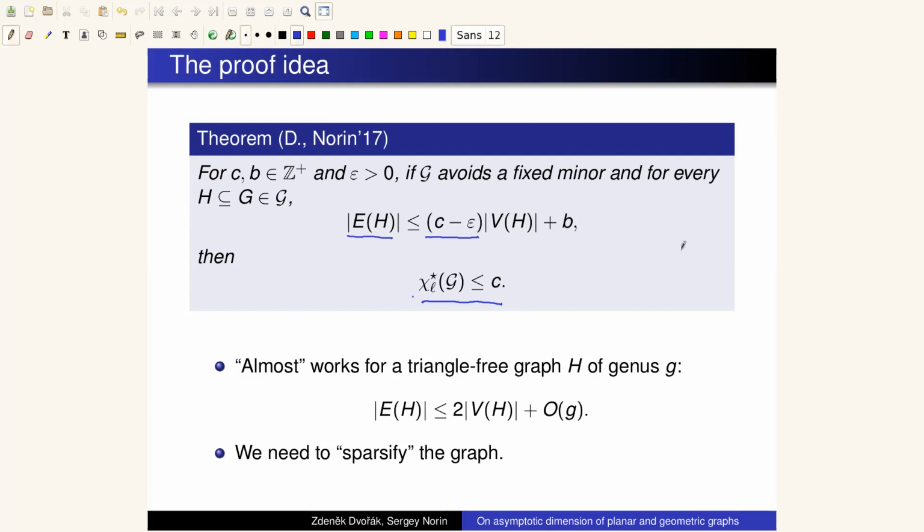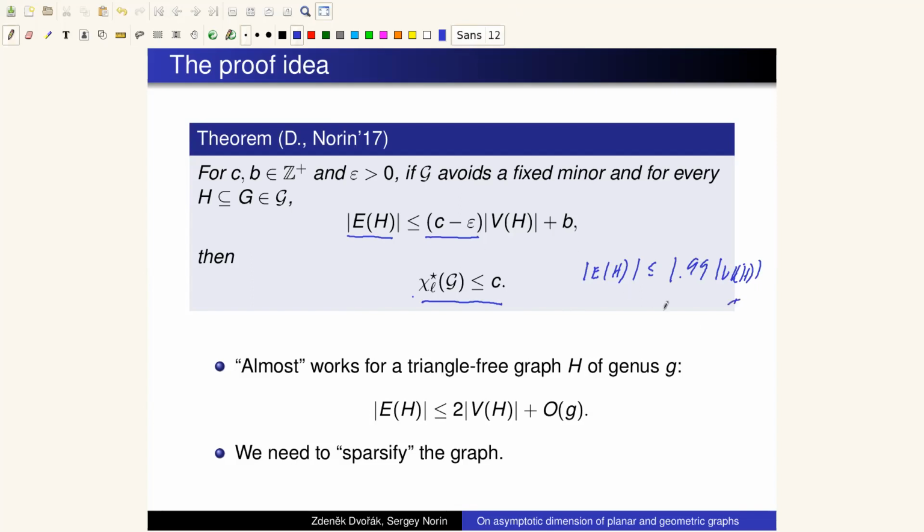I don't really want to go into details. It's not very important here. So, in particular, if it were true that for planar triangle-free graphs the number of edges is at most 1.99 times the number of vertices, plus whatever, then we would be good.